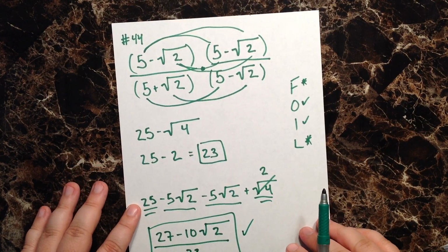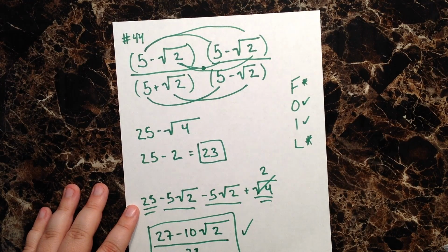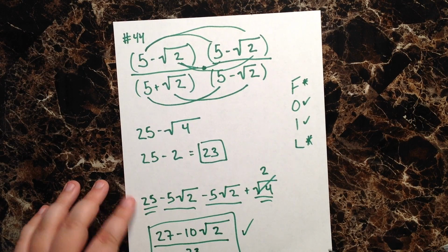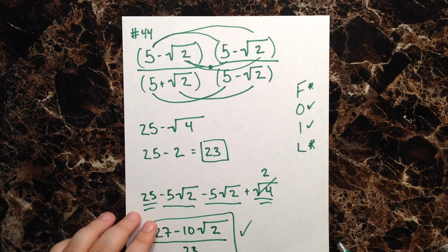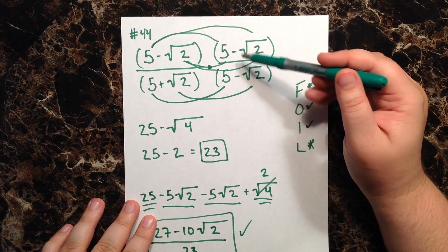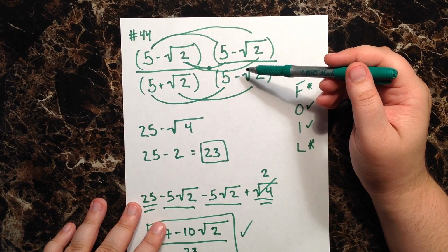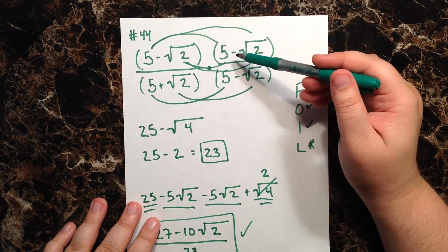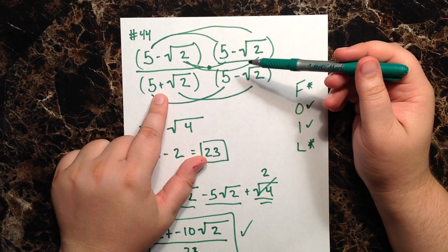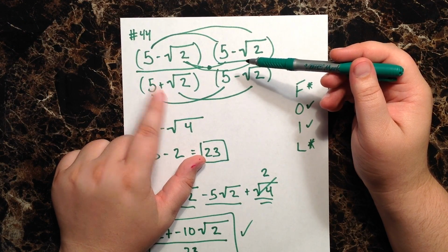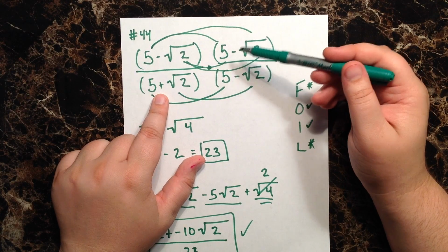All right, so again, the whole point of rationalizing a denominator is to get rid of the radical sign because we can't have a radical sign in our denominator. And so we multiply by 1, but it's a special form of 1, the conjugate of our denominator. And all we do is change whatever the sign is to the opposite sign. So if it's originally positive, we do a negative.